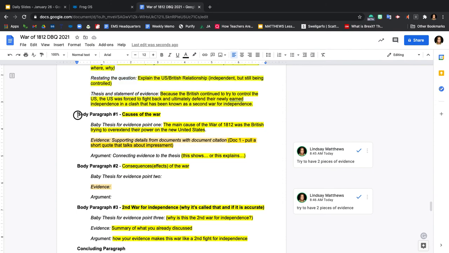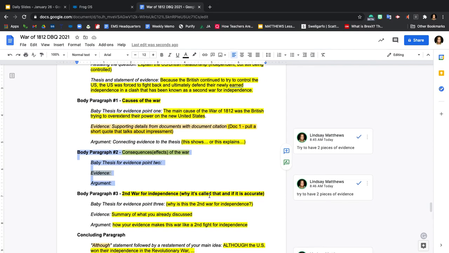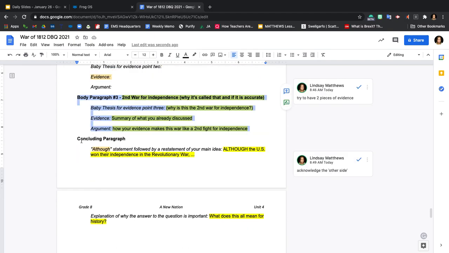So maybe reword some things, make it into a sentence, maybe fix some punctuation, maybe fix some spacing, delete these little prompts and headings. But if you do this well, and if you take your time, this will become your final essay, just by deleting each of these prompts for each of the paragraphs.